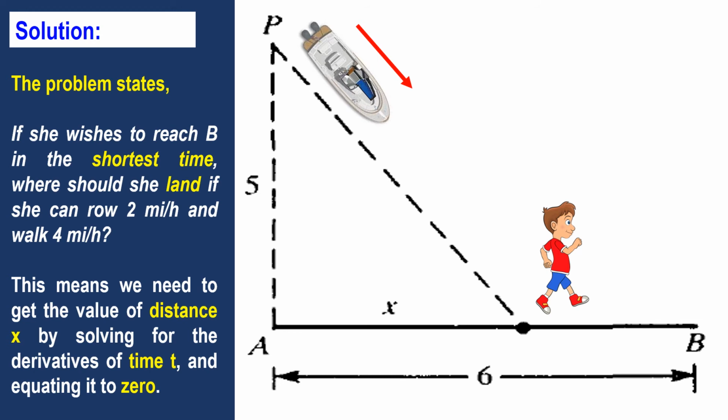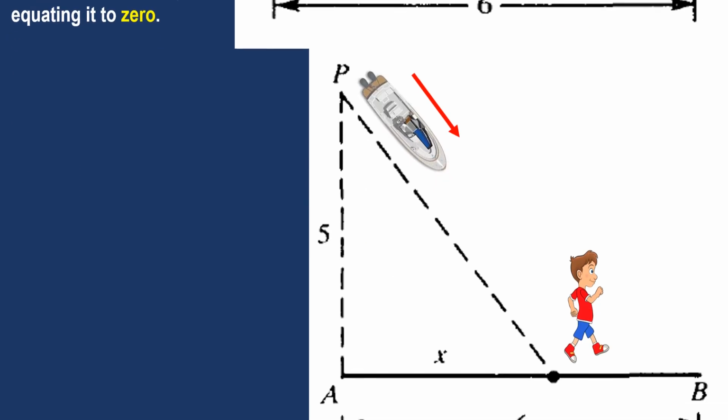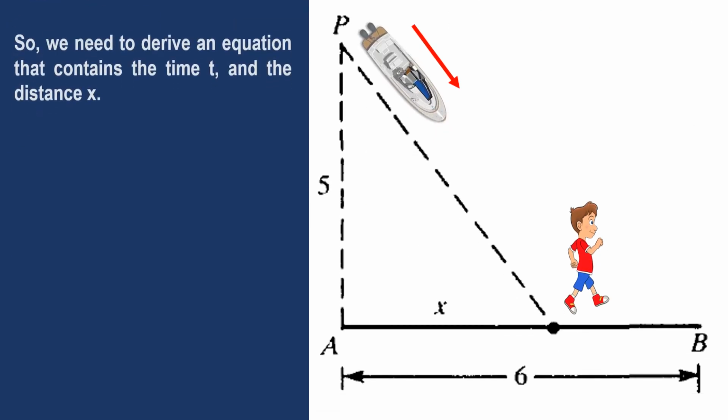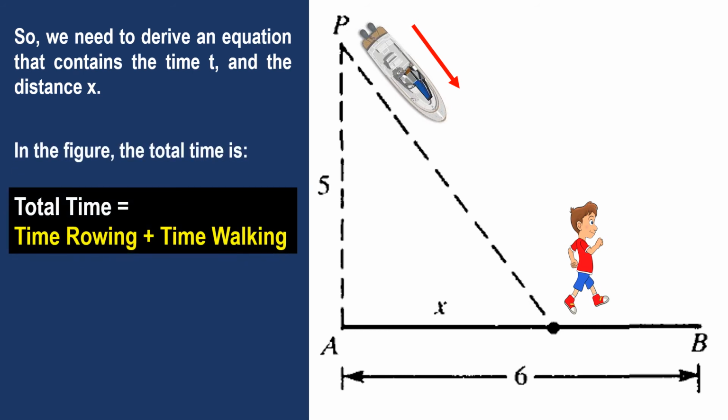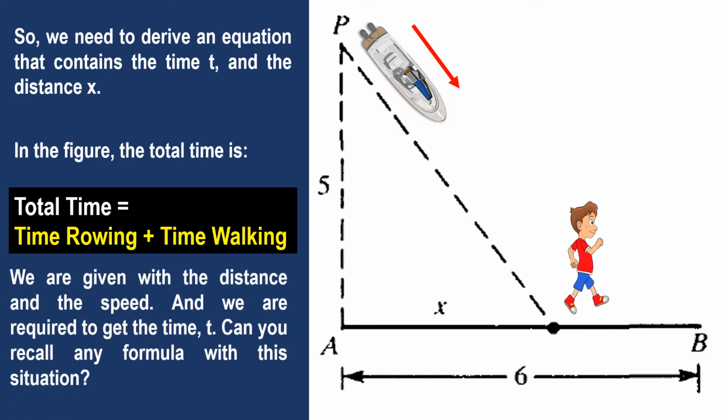This means we need to get the value of distance x by solving for the derivative of time t and equating it to 0. So, we need to derive an equation that contains the time t and the distance x. In the figure, the total time is the time rowing plus the time walking. We are given the distance and the speed, and we are required to get the time, t.